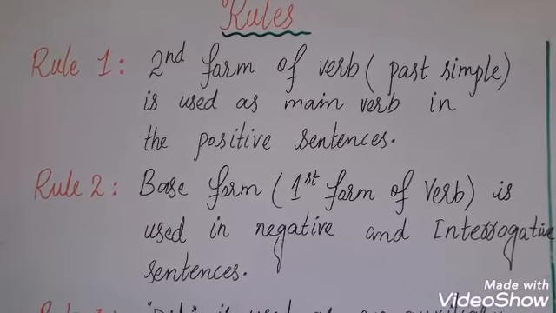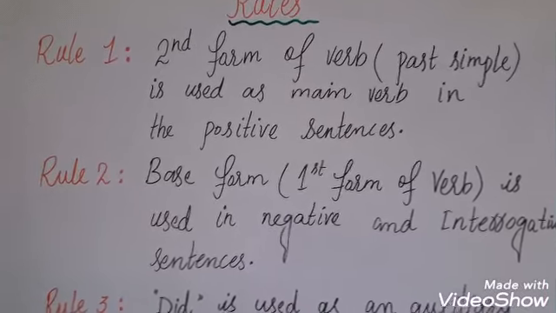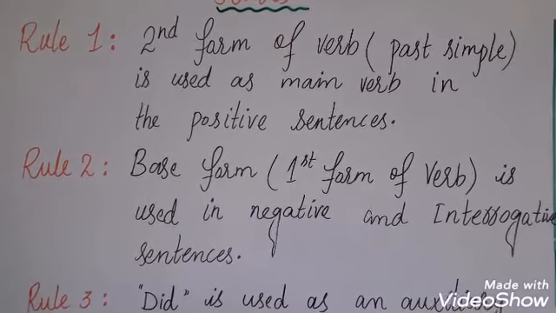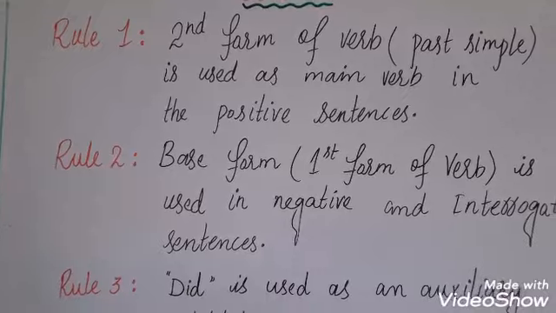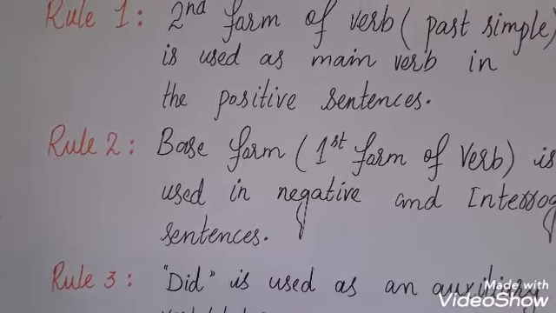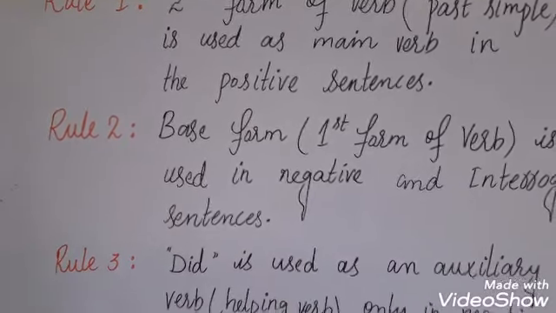Students, now we are going to discuss the rules of past simple tense. Rule number 1: the second form of verb, or past simple, is used as the main verb in positive sentences. So the second form is used only in positive sentences.